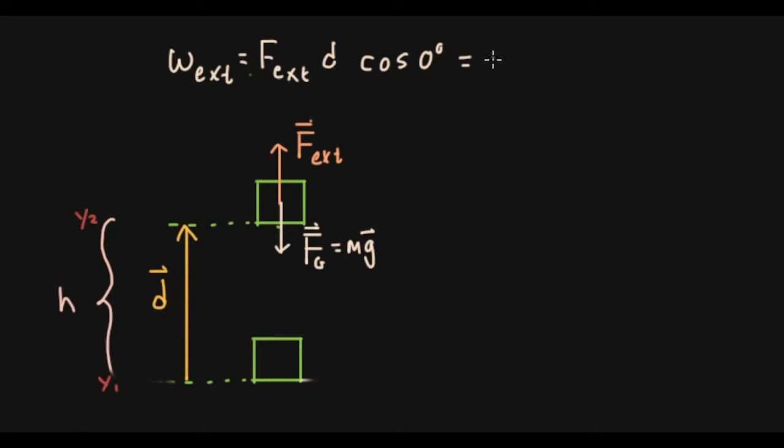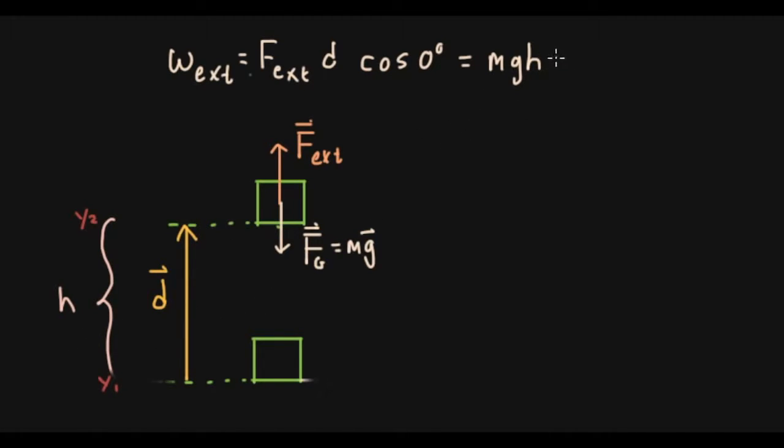Okay, well, the force that we've used here, you can see, is equal and opposite to mg. If we define the force of gravity to be negative, then our force here would be positive, and the displacement was a value of h, the height. Okay.